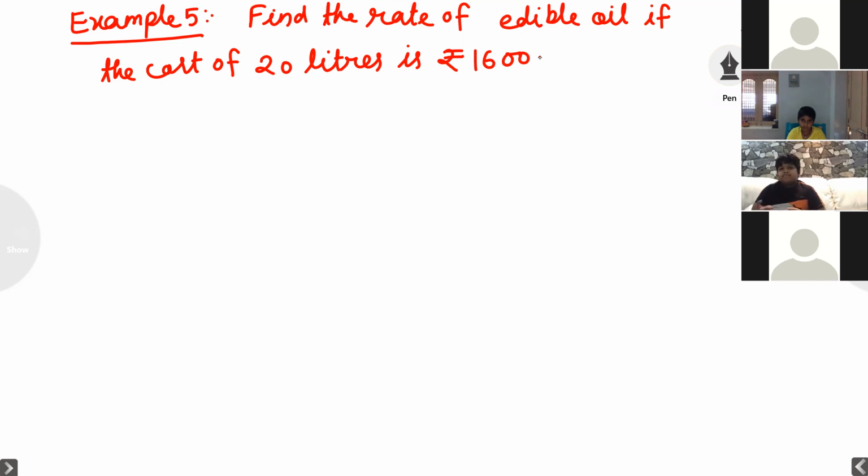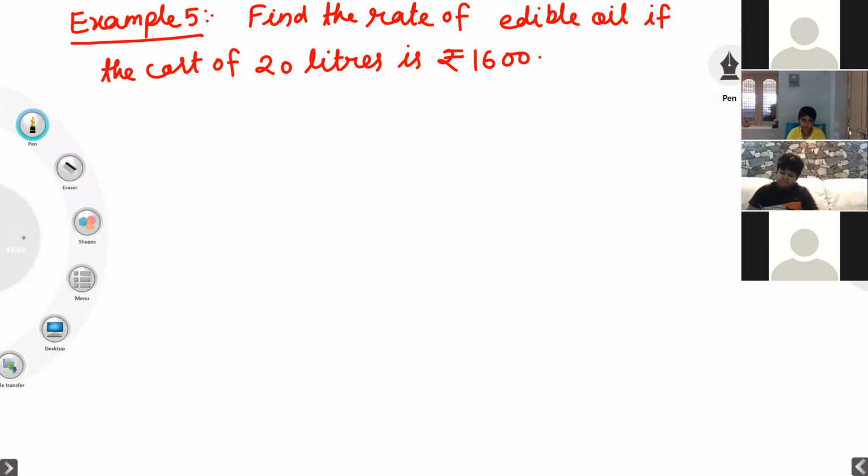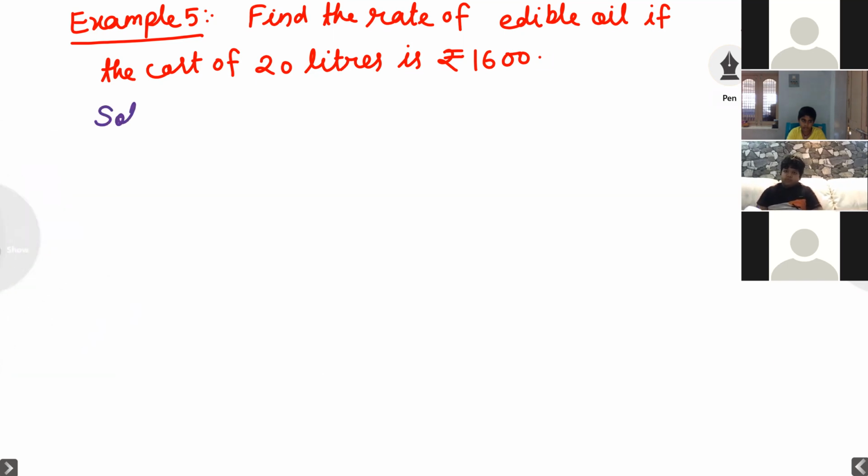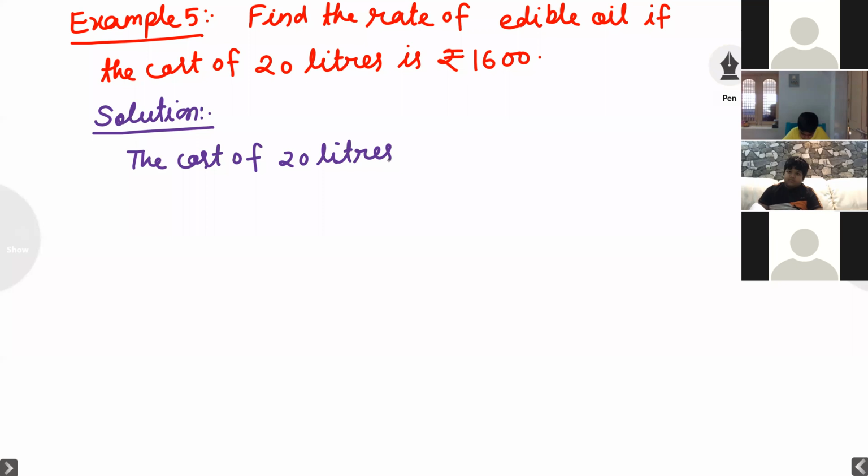It means it is asking what is the rate of one liter of edible oil. Understood everyone? Note down first: the cost of 20 liters of edible oil is equal to 1,600 rupees.